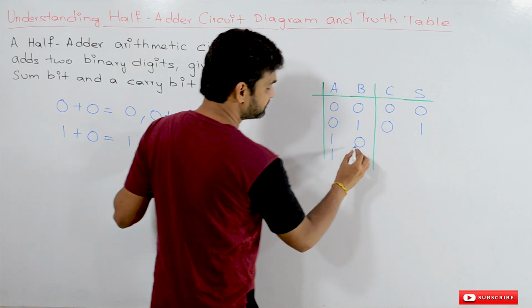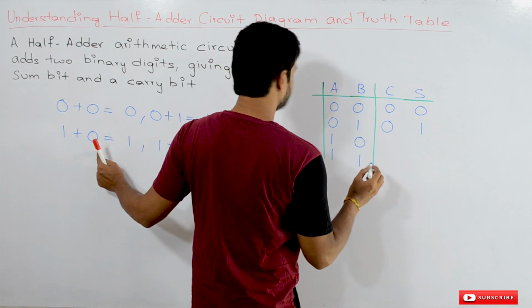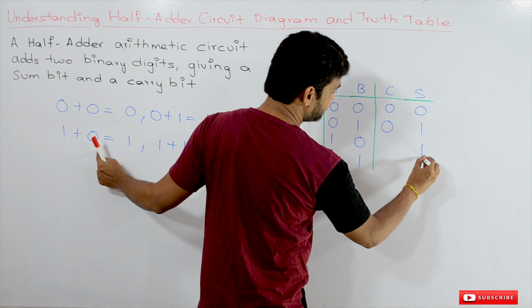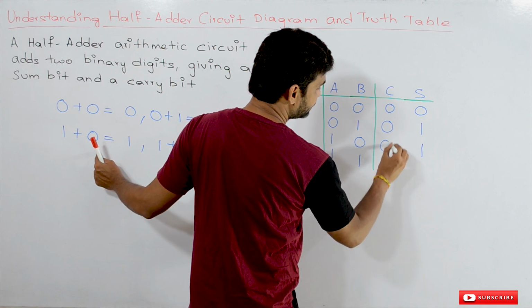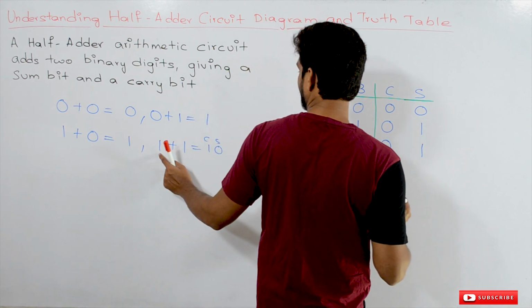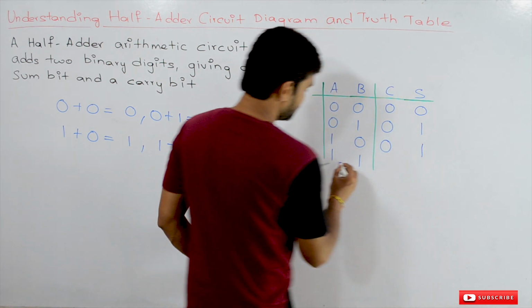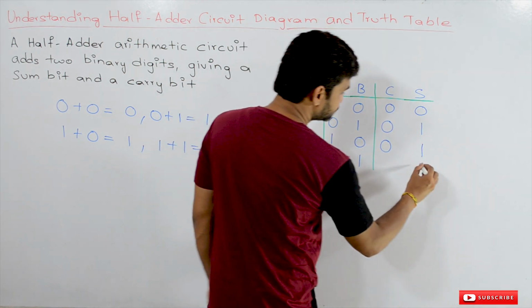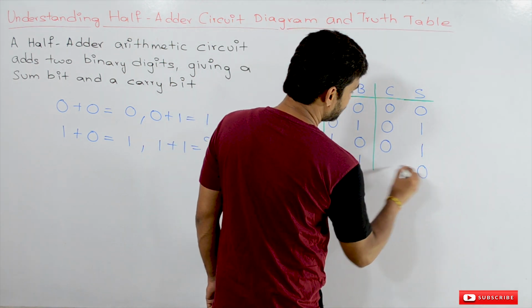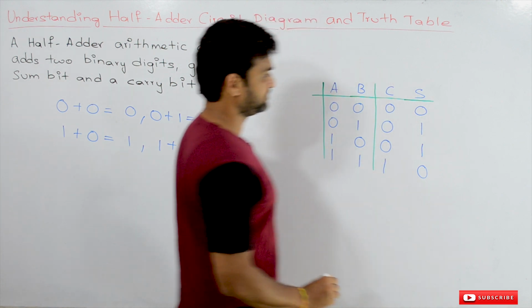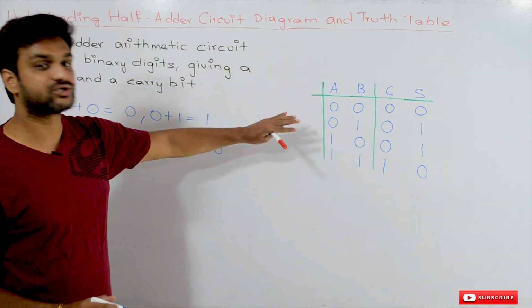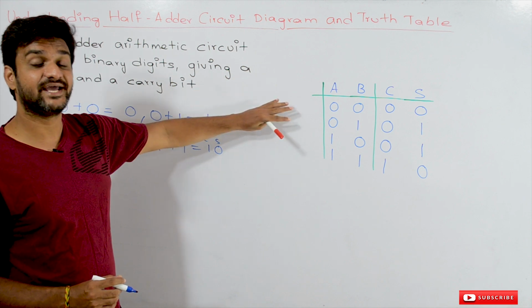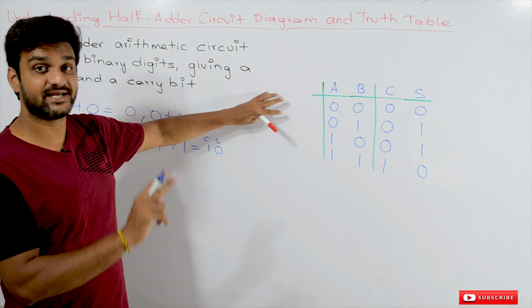Similarly, 1 plus 0 produces a sum of 1 and a carry of 0. And if we take 1 plus 1, it produces a sum of 0 and a carry of 1. This is the truth table for 2-bit binary addition.